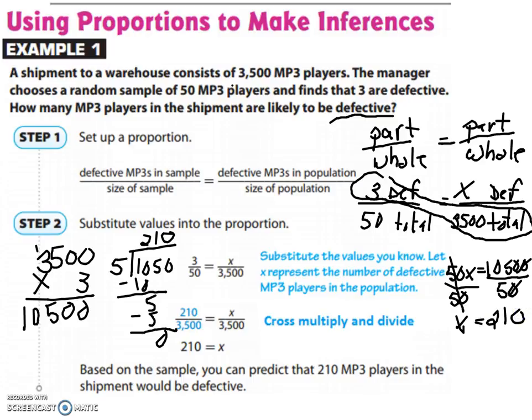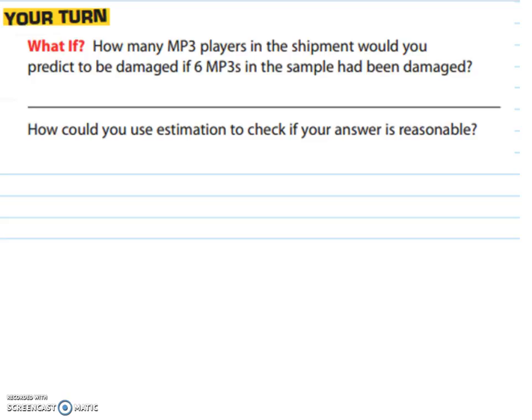All right, flip it over to the back side. Okay, it says how many MP3 players in the shipment would you predict to be damaged if 6 MP3s in the sample had been damaged?